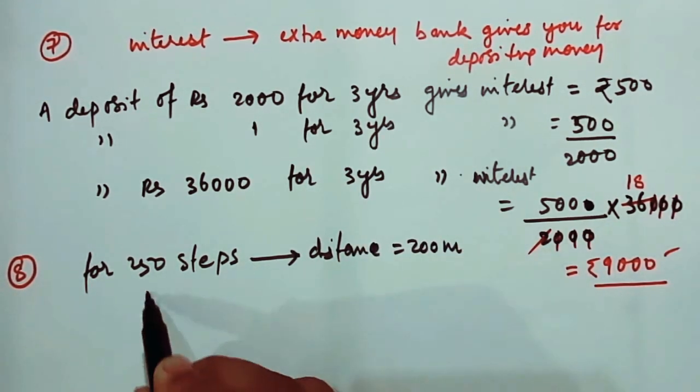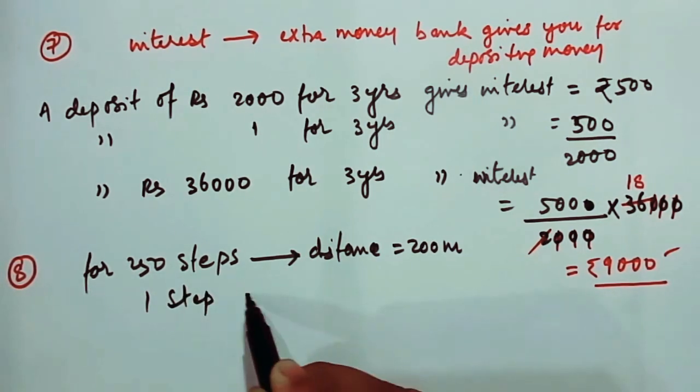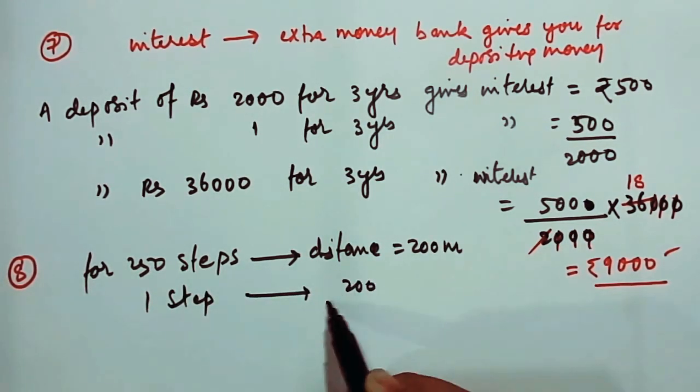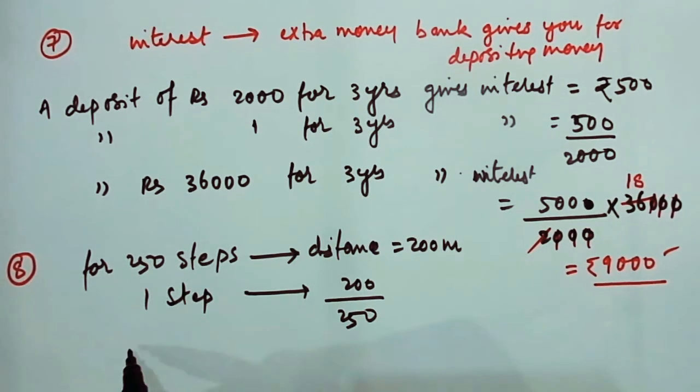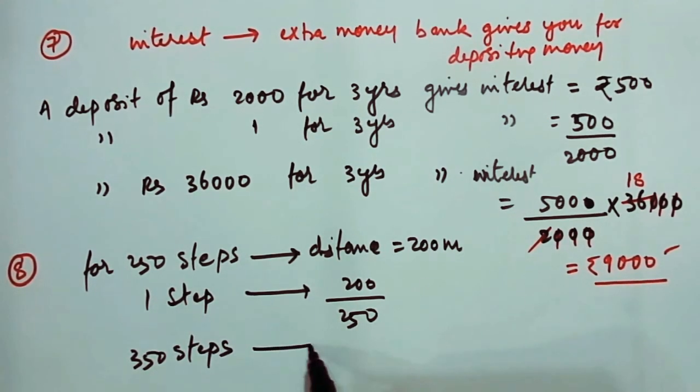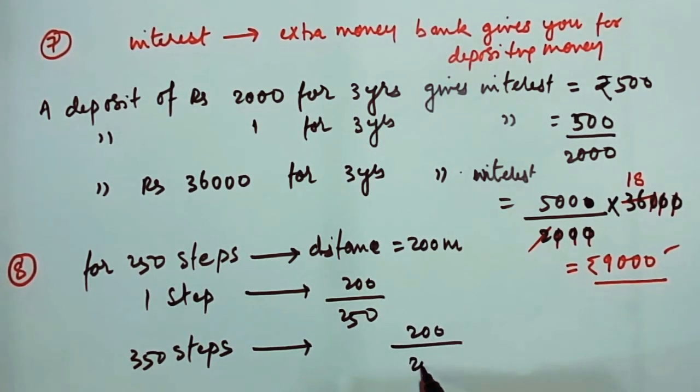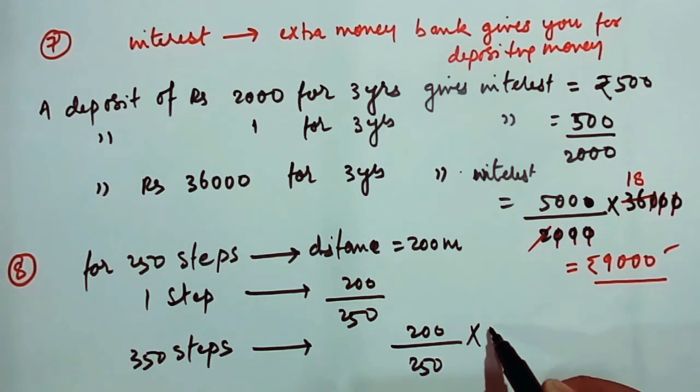So for one step, the distance will be less, 200 by 250. Now, for 350 steps, the distance will be how much? It's very simple. 200 by 250 times 350.